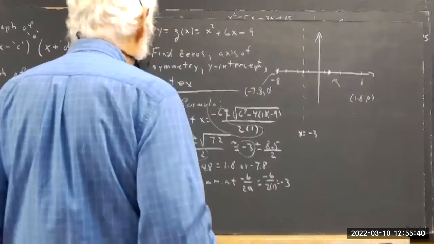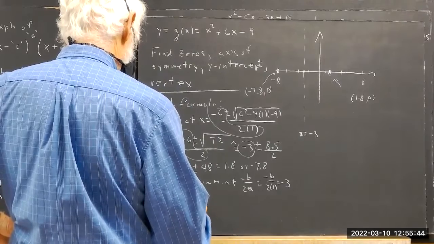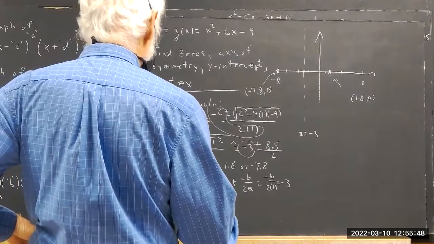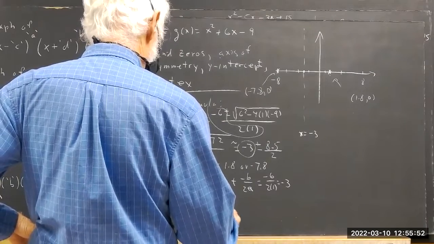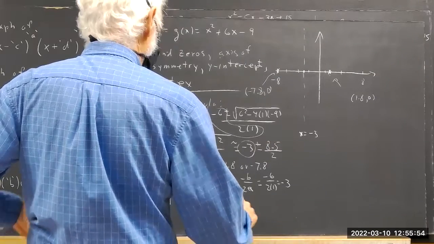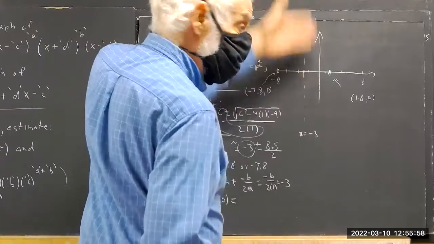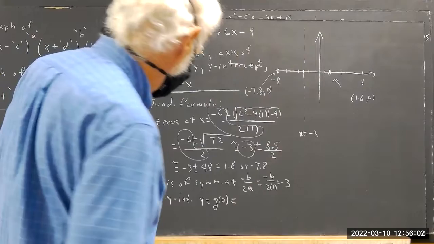And then your y-intercept is at y equals g of 0. In other words, you plug in 0 for x, because the y-axis is all the points where x equals 0.